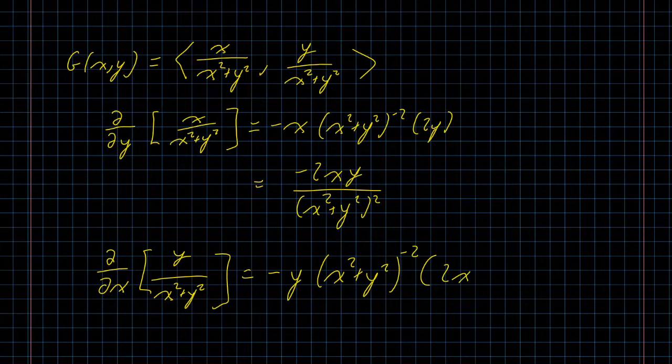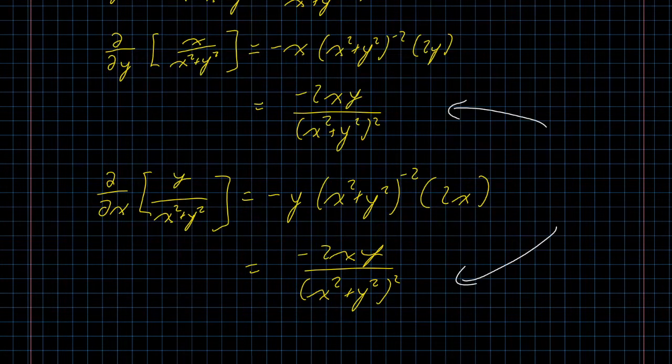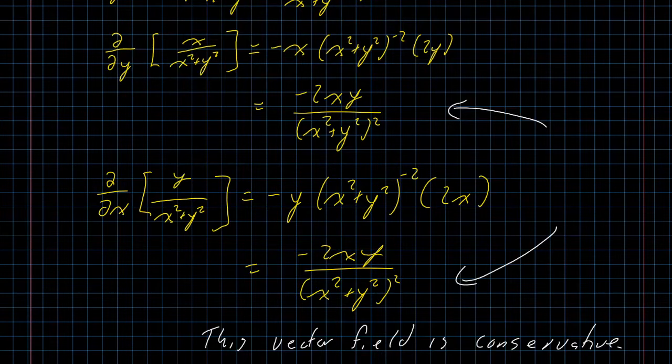Derivative with respect to x of x squared plus y squared is 2x. And simplify this, we get negative 2xy over x squared plus y squared squared. These two things are in fact the same. So this vector field is conservative.